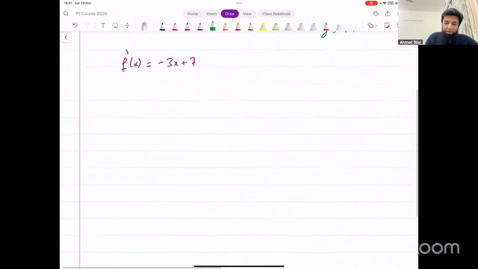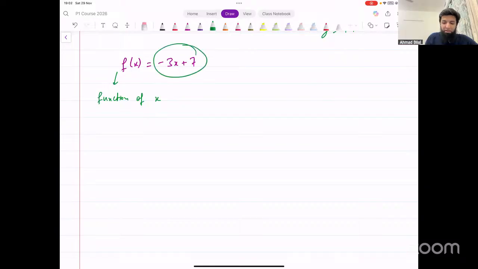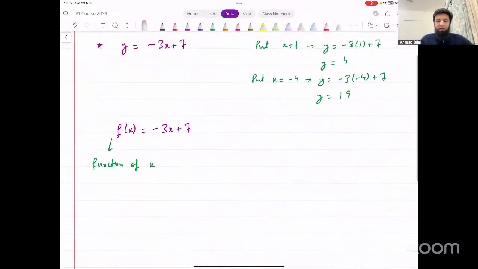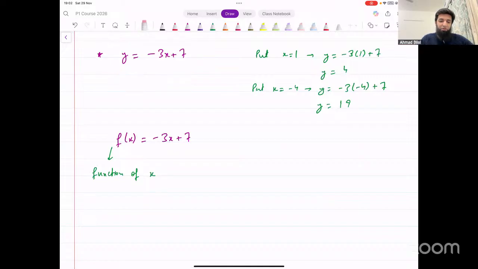So f of x means function of x. f is a function of x, and it's defined like this, minus 3x plus 7. This is another way to write that same equation. So it's the same thing, just written in a different way. It's just a different notation.